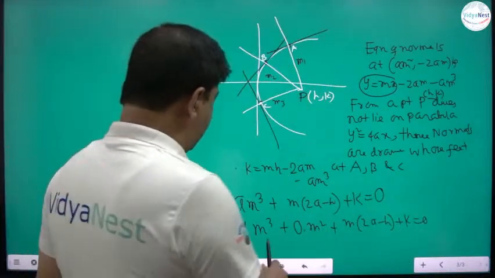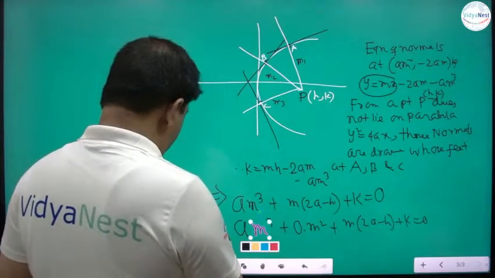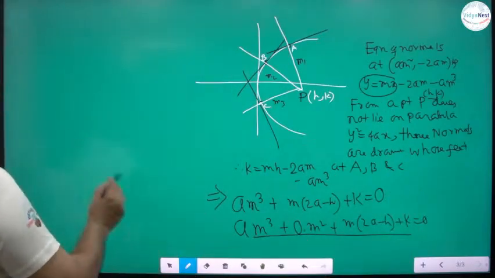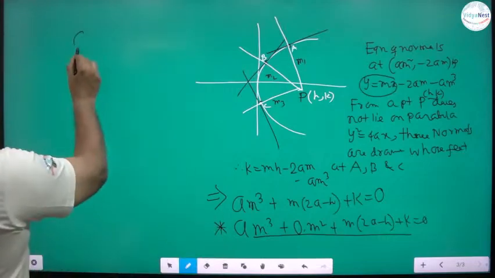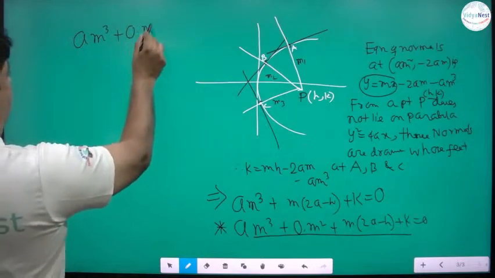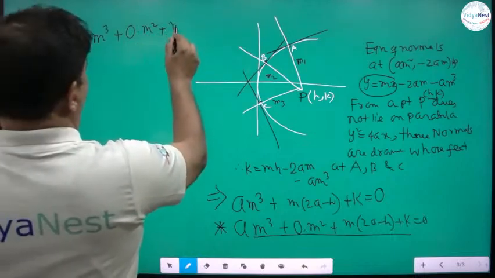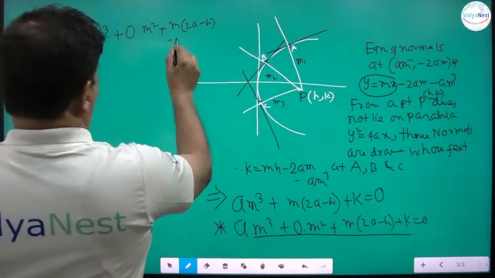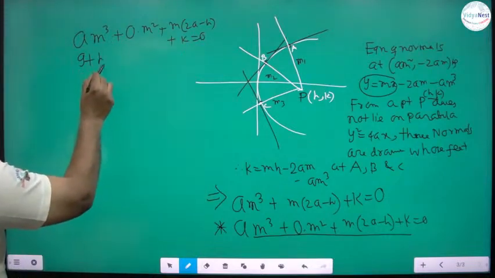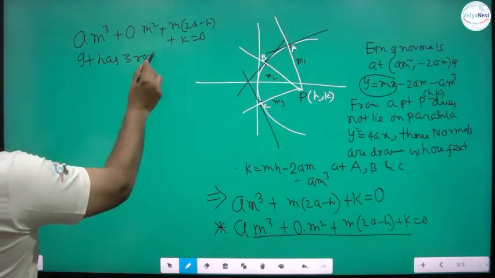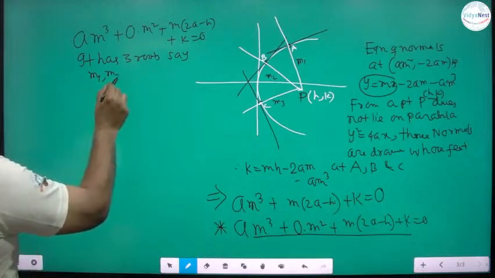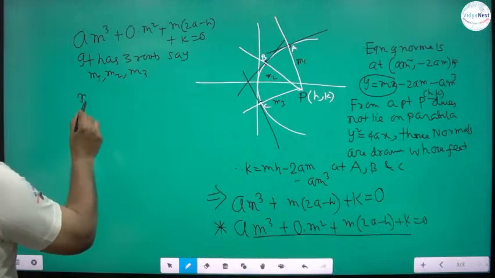We have got a cubic polynomial, m cube plus 0 m square plus m(2a minus h) plus k is equal to 0. It has three roots, say m1, m2, m3.